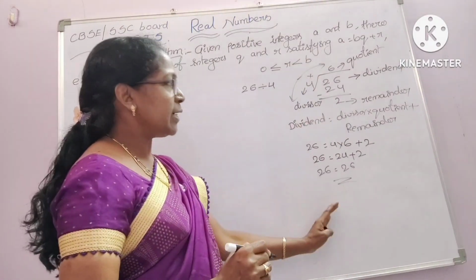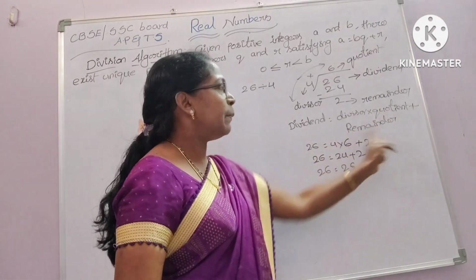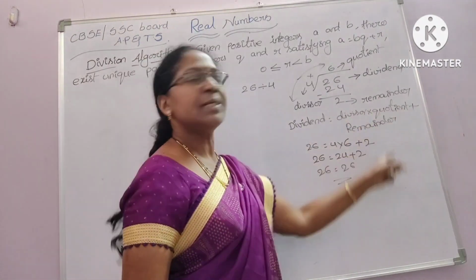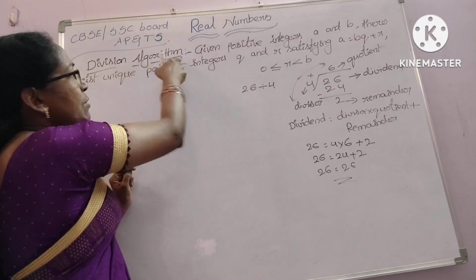Now check it once. What is the division algorithm? Here dividend equals divisor into quotient plus remainder. This is the division algorithm.